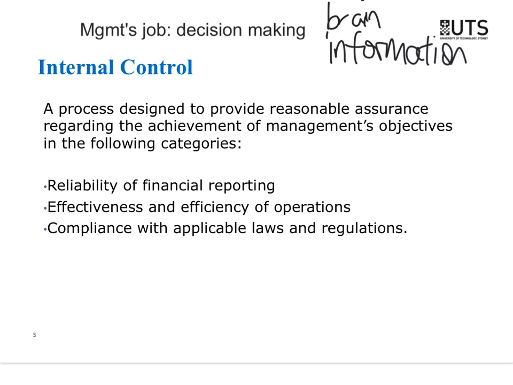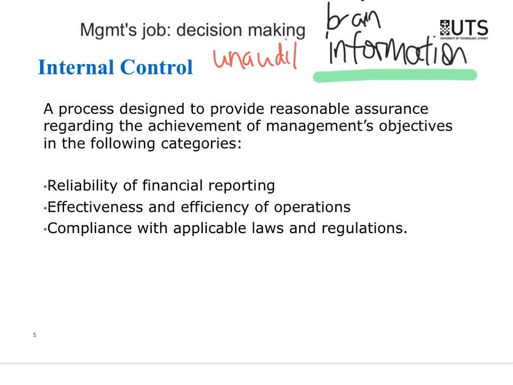So the key for us as the auditor is making sure that this information is as accurate as possible, because management make decisions not just at the end of the year on audited information, they make decisions every single day on unaudited information. All right?